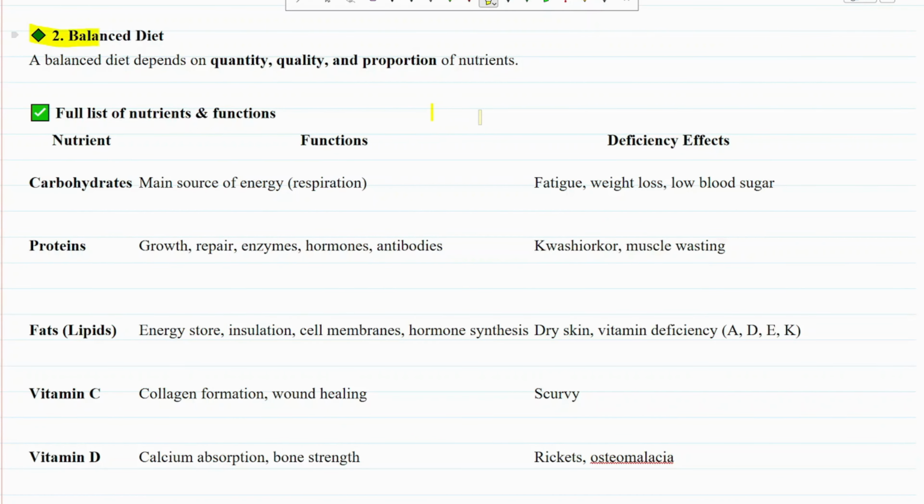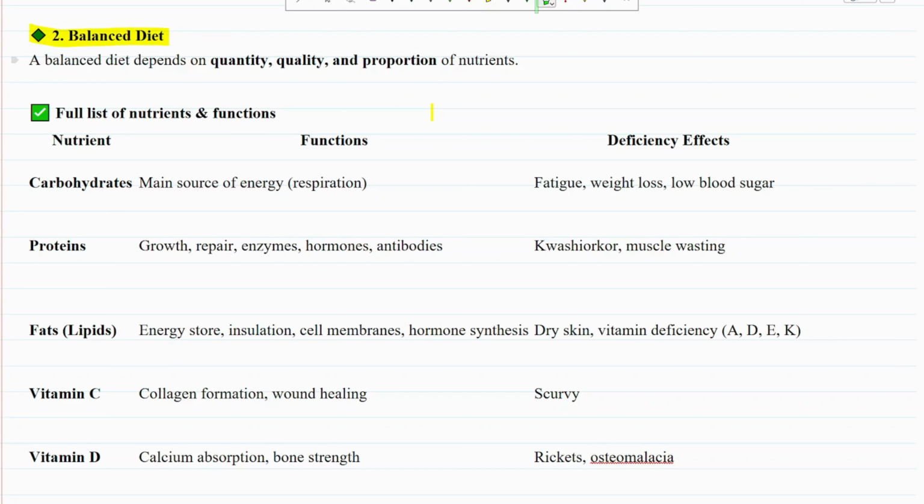To maintain a constant food supply in the body, we need a balanced diet. This balanced diet contains all the minerals, all the food components, all the nutrients in correct proportion. A balanced diet is a kind of diet which is needed by the body to survive.